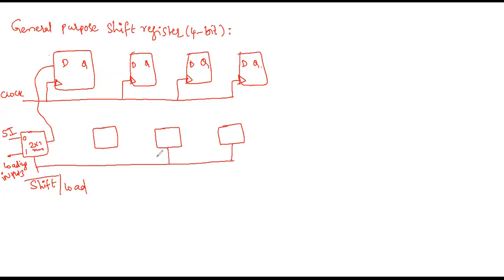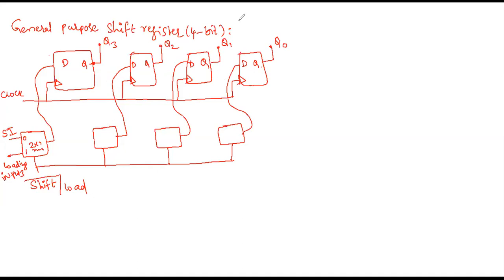The output of the mux is connected to D, and we are considering this output as Q3, this one Q2, Q1, Q0.